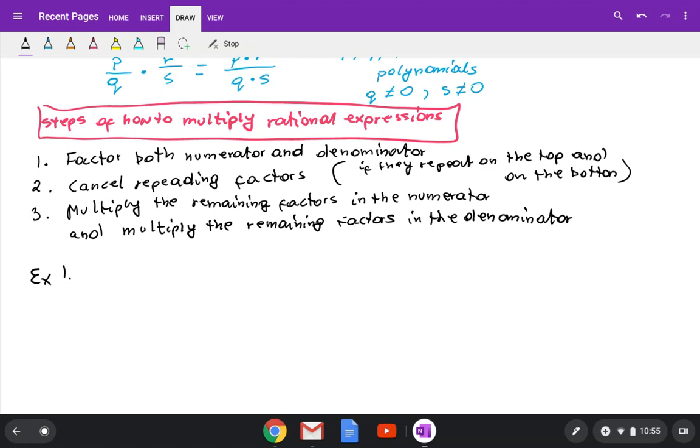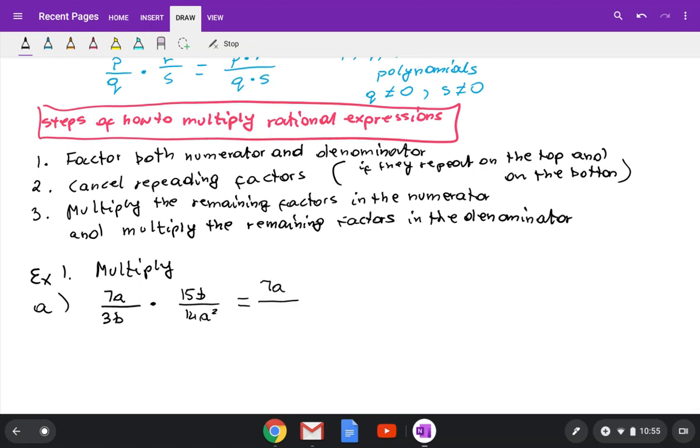Example 1, multiply. Okay, the first one will be 7a over 3b times 15b over 14a squared. So what I'm going to do, I'm trying to factor each of my rational expressions. 7a, I cannot factor.